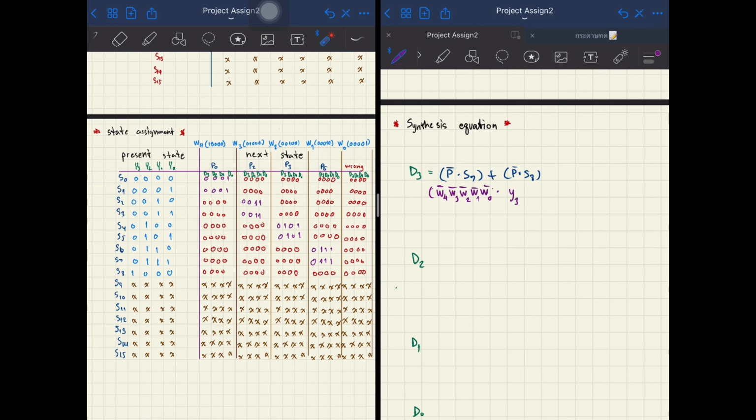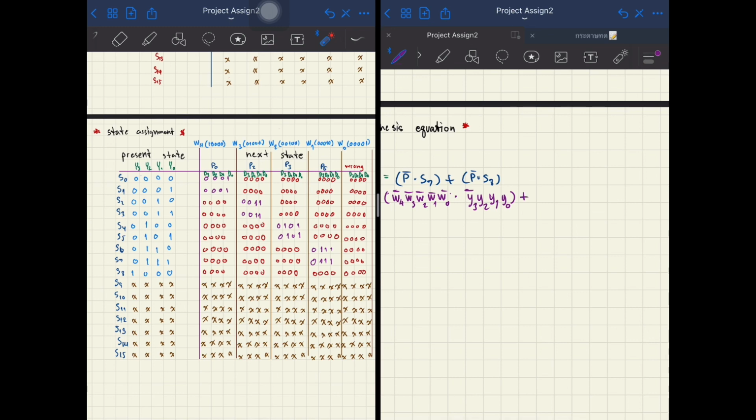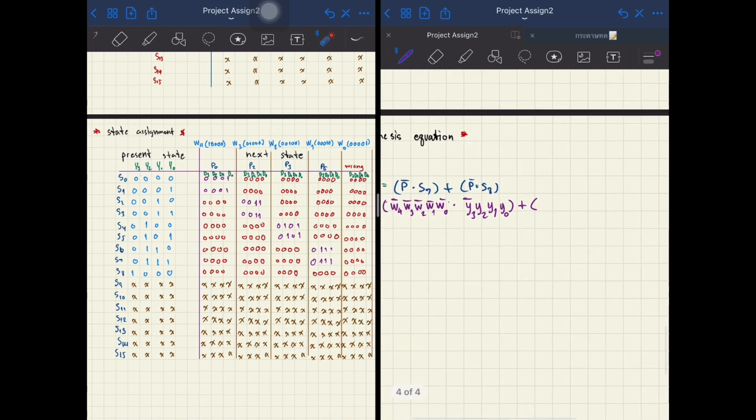Because y3 is 0, so we must complement it to make it 1, because we do minterm, y2, y1, y0, and then complement here, right? And then do the same, OR, and not P, it is W4, W3, W2, W1, W0, and then complement.